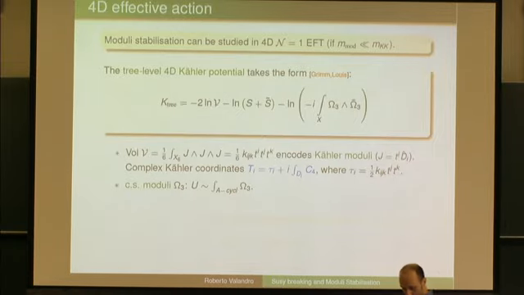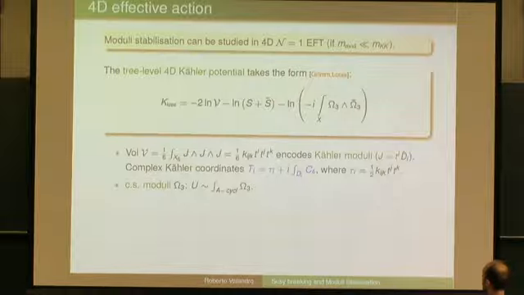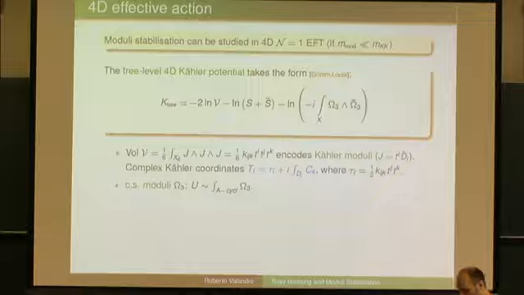Okay, but moduli stabilization can also be studied from a four-dimensional point of view, and this is what we want to see. As I said before, we want to see that these moduli have been lifted by the generation of a scalar potential. So let's see this from the 4D N=1 effective theory point of view. People worked out what the Kähler potential is in 4D, and it's given by this form.